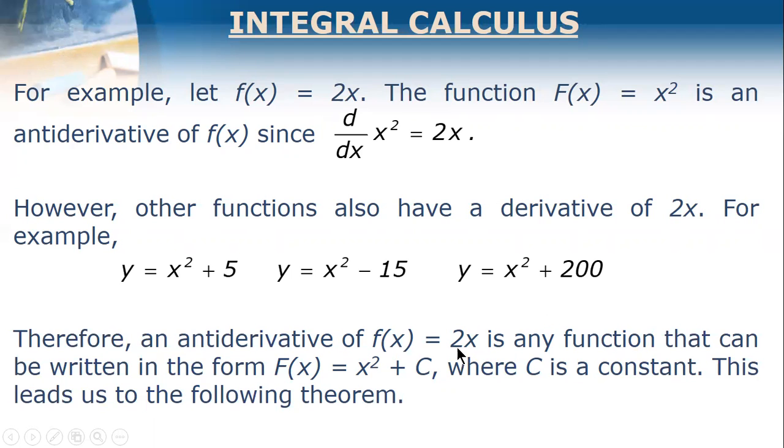Mo ni ang antiderivative, x squared plus c. So, ang c na to, it could be positive 5, it could be negative 15, it could be positive 200, or it could be 0, such as this. Ang c na to, 0. So, x squared na lang siya. Diba?